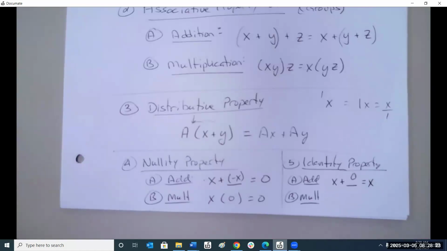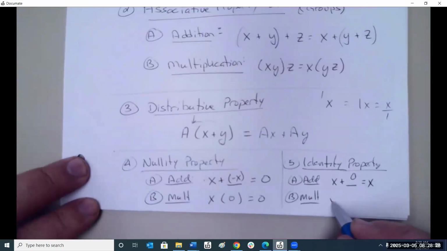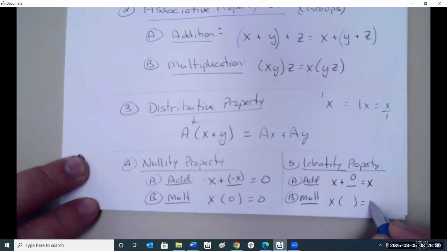Zero. Anything plus 0 is itself. X times what gives me x?